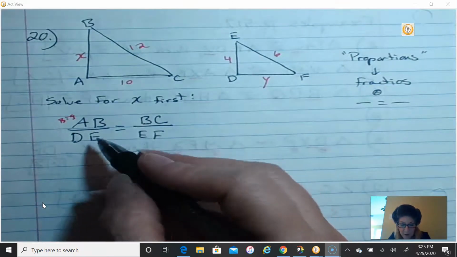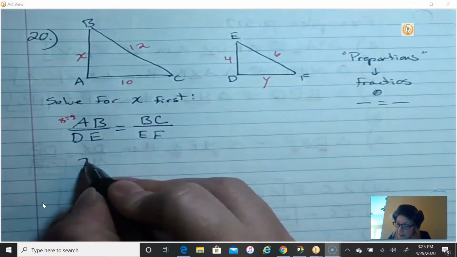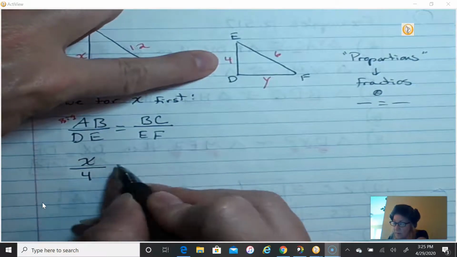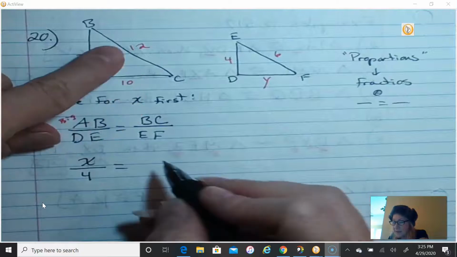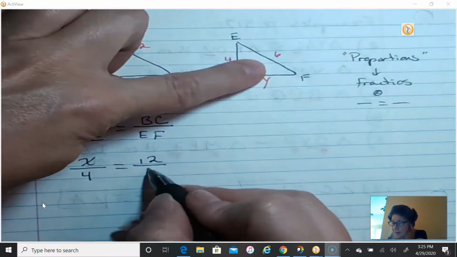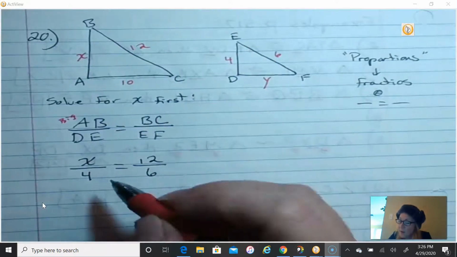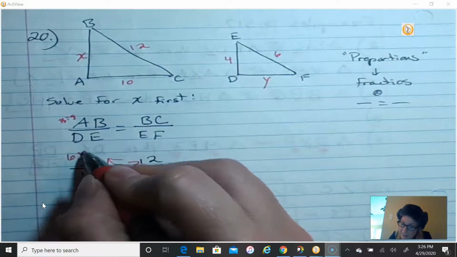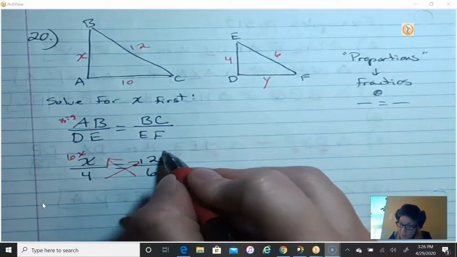All right, so let's write it down. AB is X. DE is 4. BC is 12. And EF is 6. Now we cross multiply. 6 times X is 6X. 4 times 12 is 48.